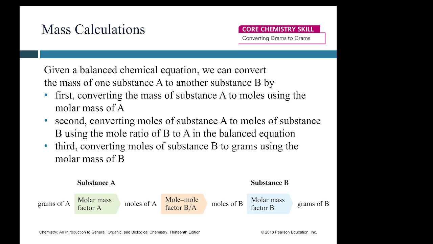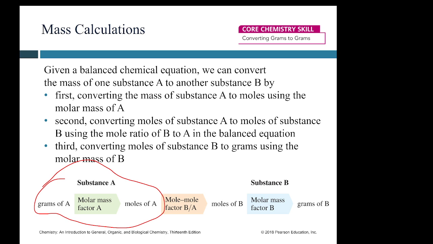Okay, so what we're going to be doing here is balancing reactions, then taking the amount of one of the reactants and figuring out how much product we need, or vice versa. Now, you may have noticed that I have given you the pieces to do this. I have given you a way of going from grams to moles of a substance, haven't I? That was the molar mass.